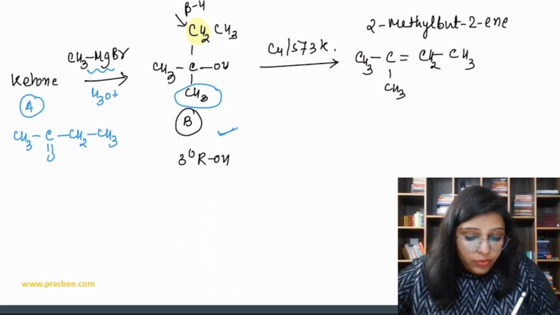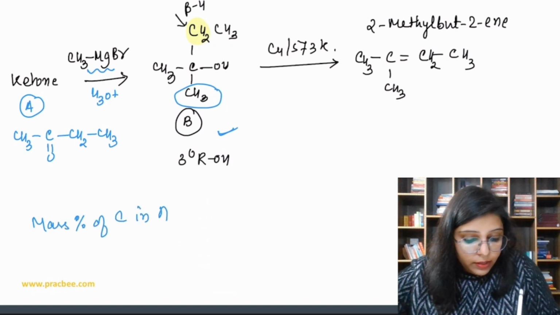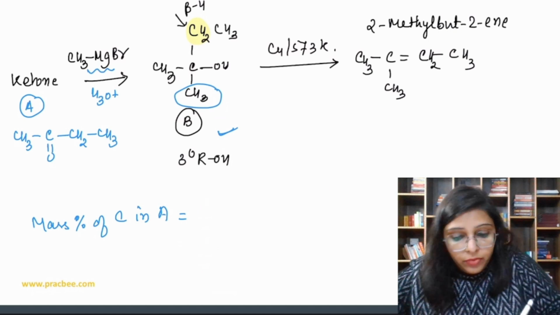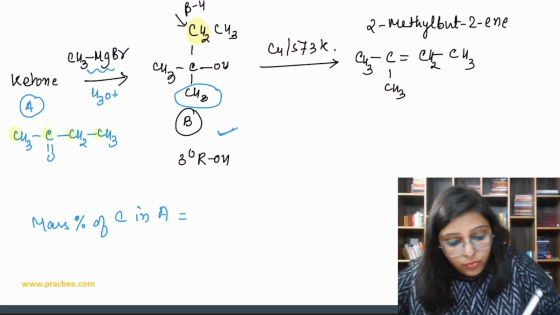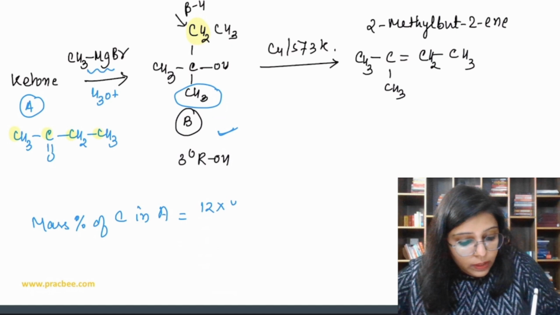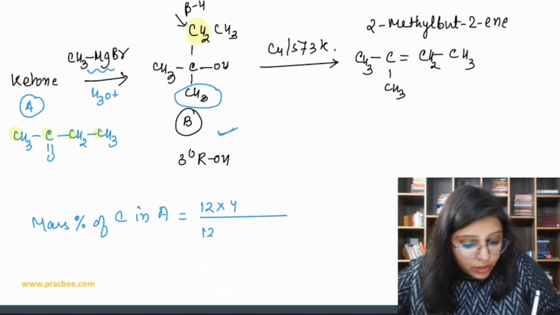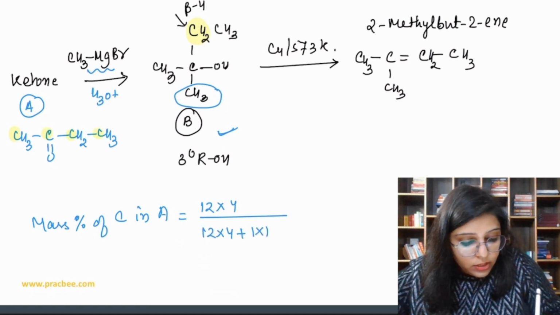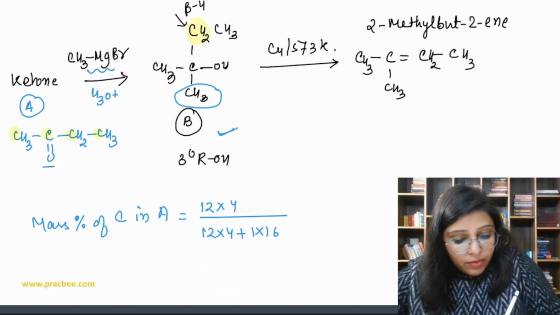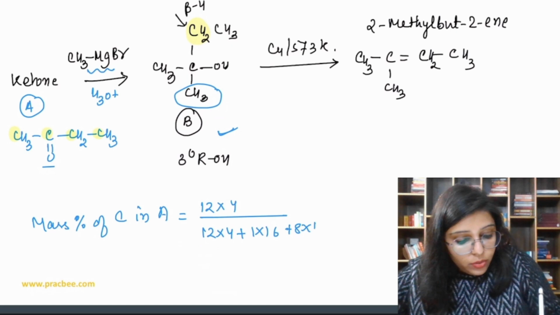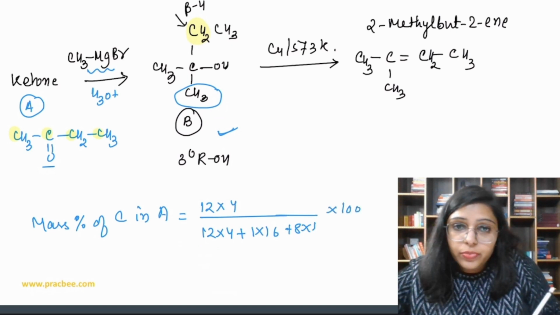Now we have to find out the mass percentage of carbon in A. So for the total mass of carbon, we have 4 carbon atoms, 1, 2, 3, 4. So 12 into 4 divided by total mass: 12 into 4, 1 into 16 because 1 oxygen, and we have how many hydrogen? 1, 2, 3, 4, 5, 6, 7, 8, so plus 8 into 1, into 100.